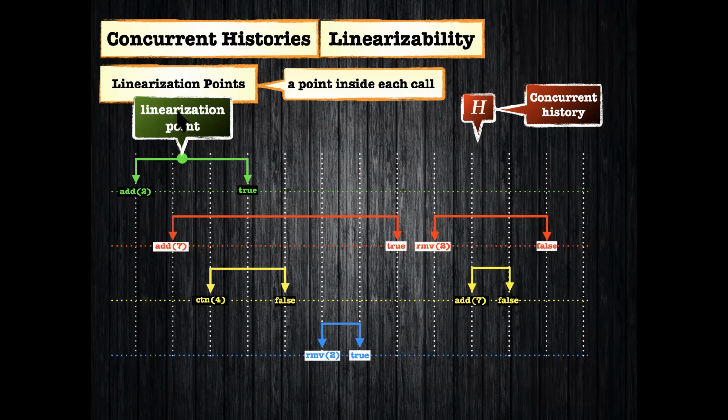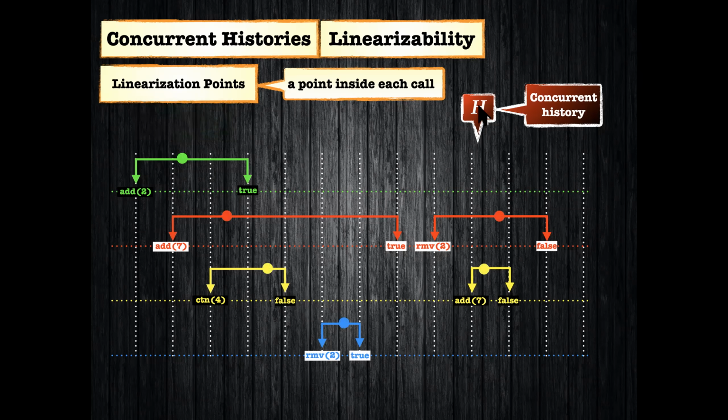We do that by identifying a linearization point inside each call. We pick our linearization points arbitrarily, provided that the linearization point of a method call is between the invocation point and the response point. So for instance, we can define the linearization point of this green call to be somewhere here. And we can do the same thing for the other method calls in this history.